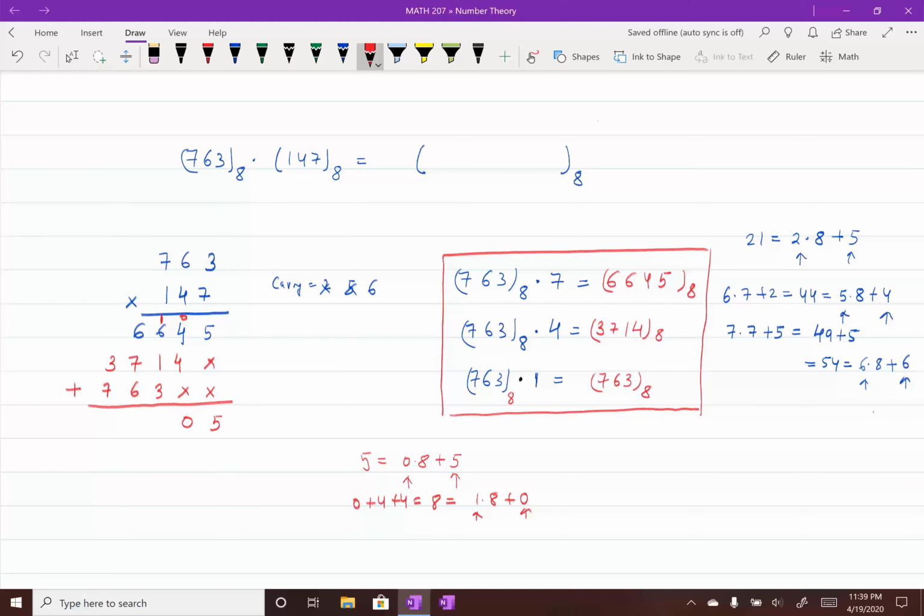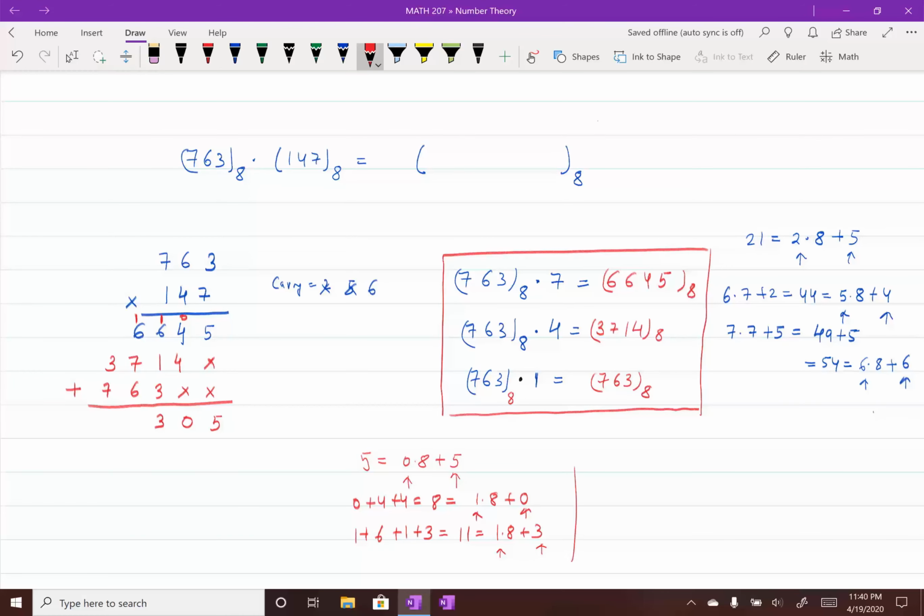Then I'm adding 1 plus 6 plus 1 plus 3, which is going to be equal to 11. 11 is going to be equal to 1 times 8 plus 3. So my remainder is 3, quotient is 1. So I'm going to take the remainder here as 3. My carry for the next step is going to be 1 here.